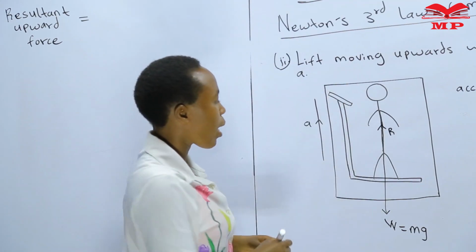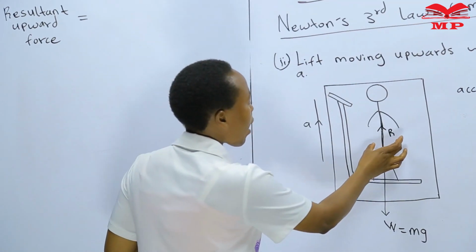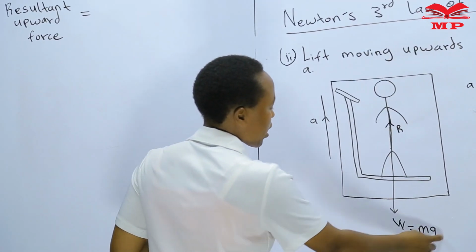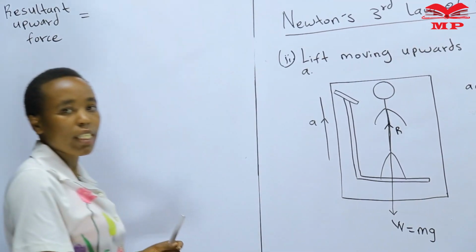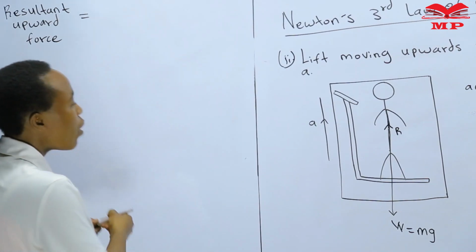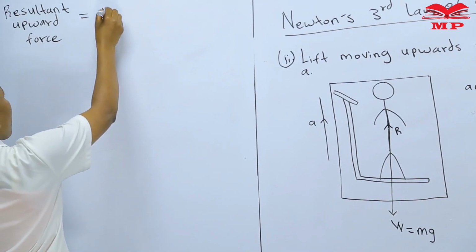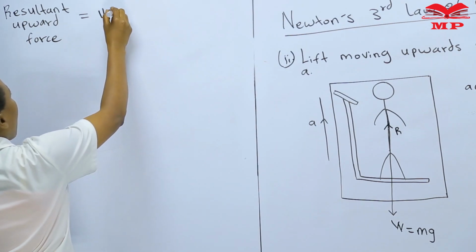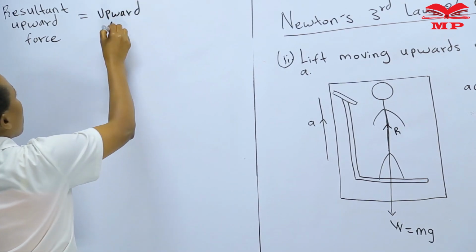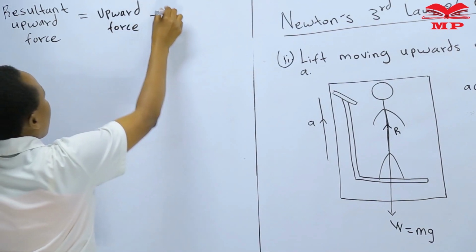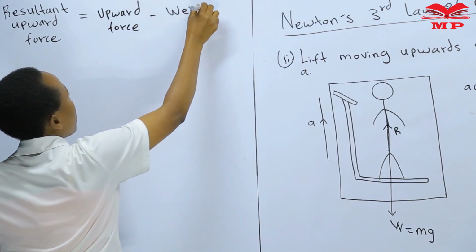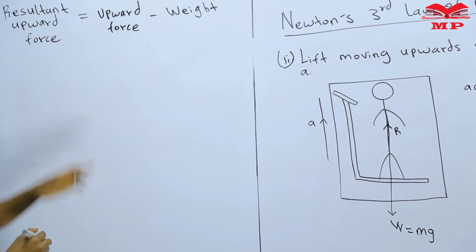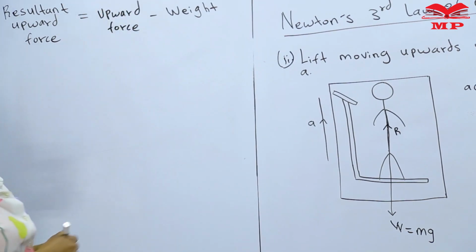The resultant upward force, therefore, we are going to have the upward force, and because weight is acting in the opposite direction, as if it is resisting the motion, we'll have the total upward force, and we subtract now the weight of the body. Because the body is moving upwards, the weight is acting downwards, and therefore we subtract the weight of that body.